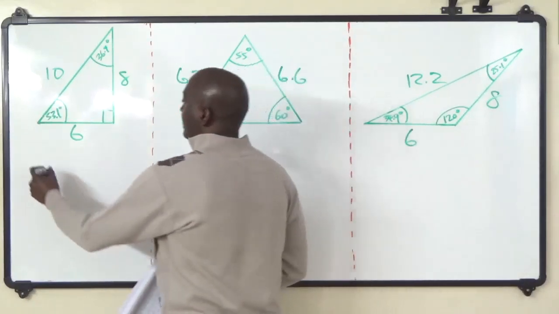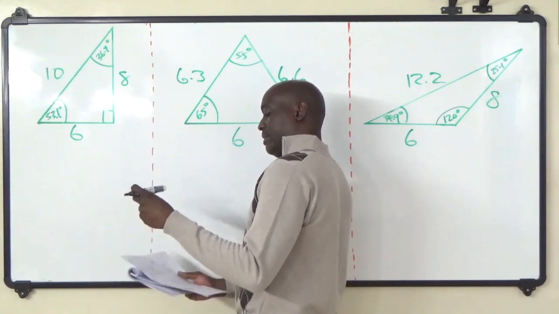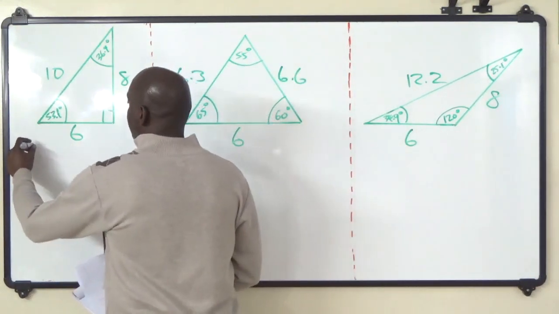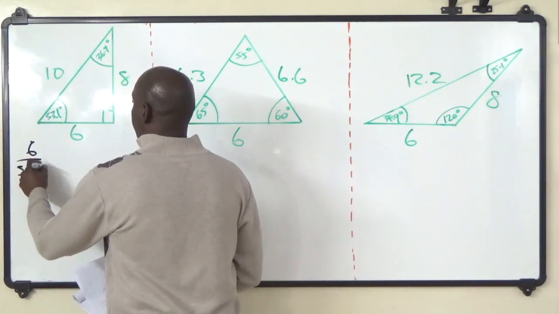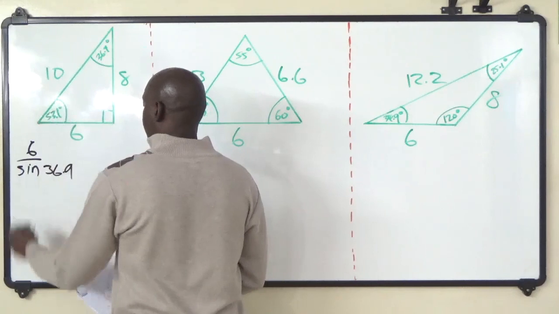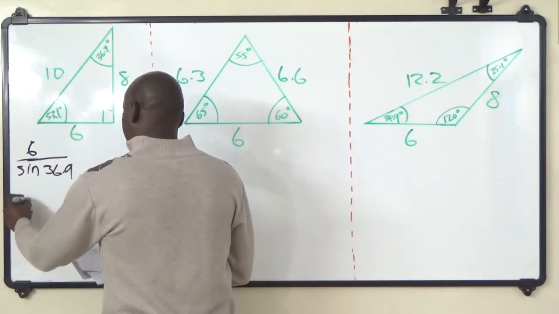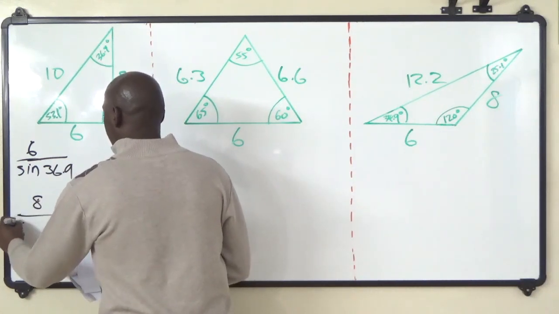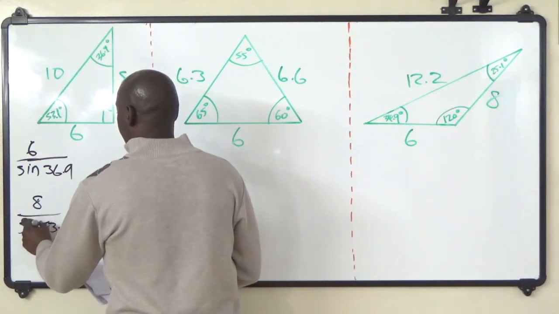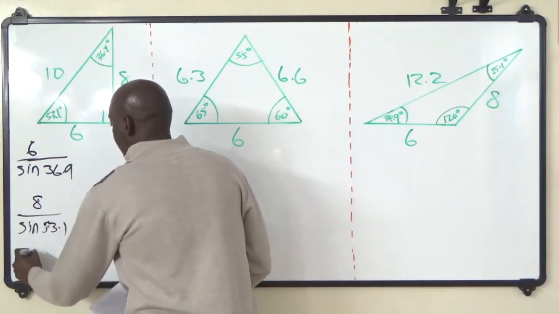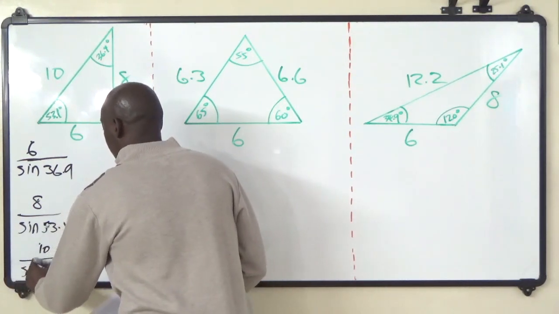The expression of that in this triangle would be as follows. Let me start with the 6. 6 over sine 36.9 is supposed to be the same thing as 8 over sine 53.1, and that is supposed to be the same thing as 10 over sine 90.